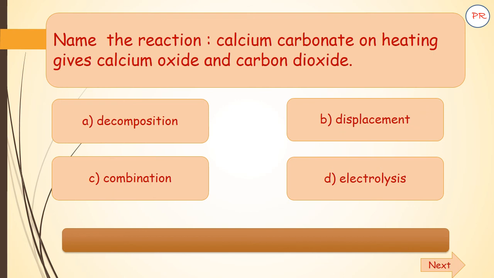Name the reaction. Calcium carbonate on heating gives calcium oxide and carbon dioxide. Options are A. Decomposition, B. Displacement, C. Combination, D. Electrolysis.